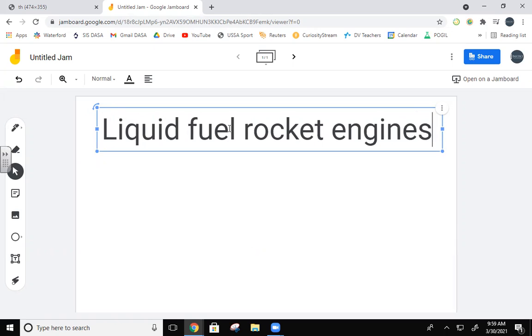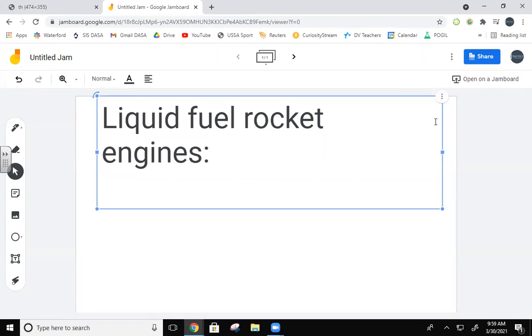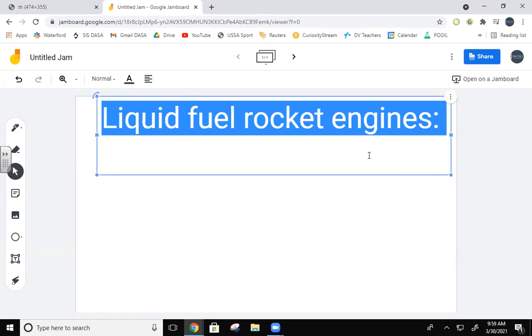We'll talk a little bit. So when we talk about liquid fuel rocket engines, what are the three types of rockets? Chemical, liquid, solid, hybrid. Okay, so liquid fuel rocket engines, let's make this just a little bit longer, there we go.